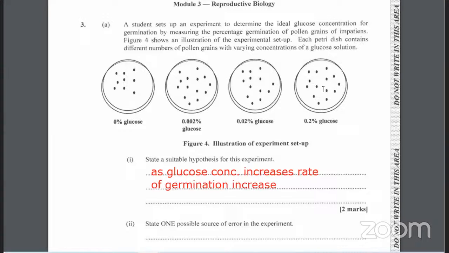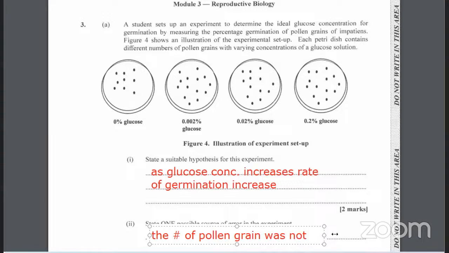If you're increasing the amount of pollen grains, then you're changing two variables. So the source of error: the number of pollen grain was not constant.